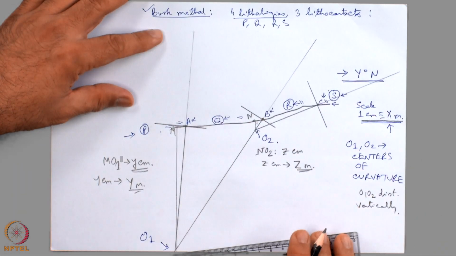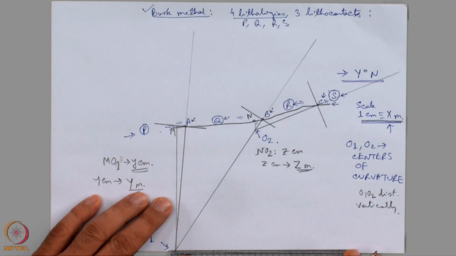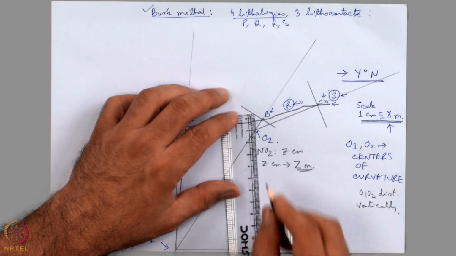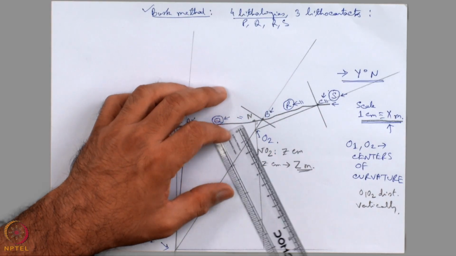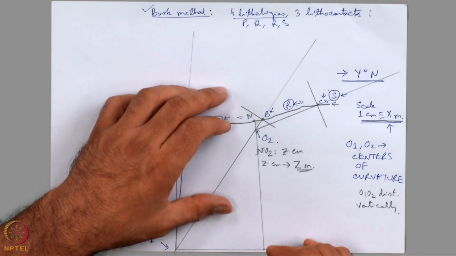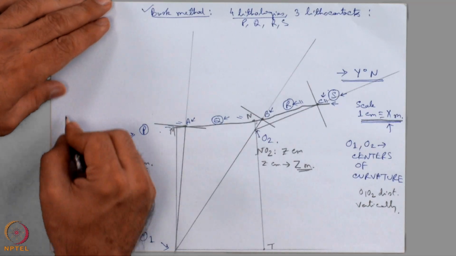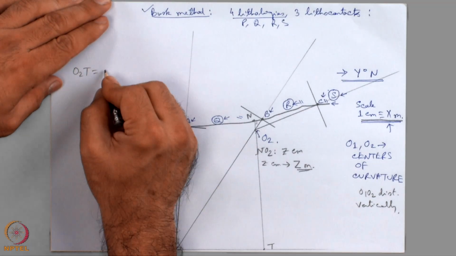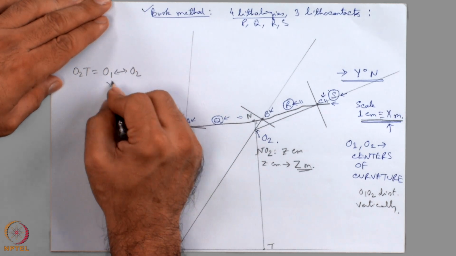What is that? From O1 I can draw a horizontal line and then find out this distance. Say this is T, then O2T is the distance between O1 and O2 measured vertically.